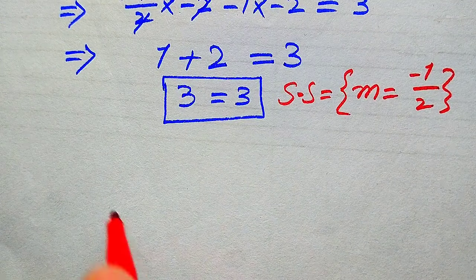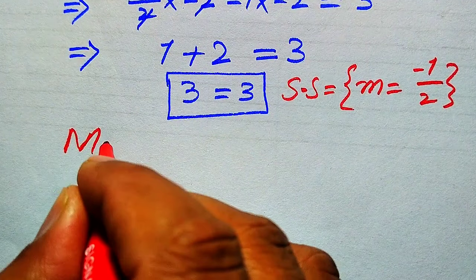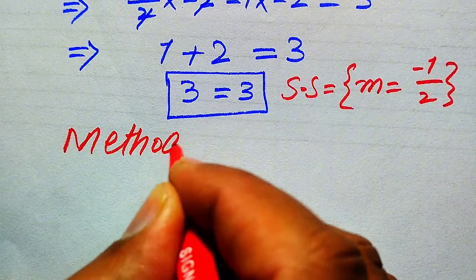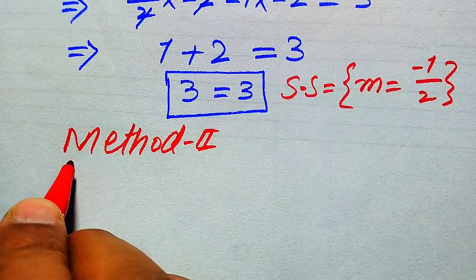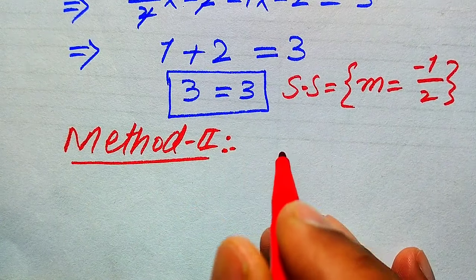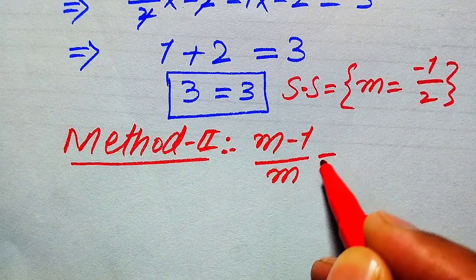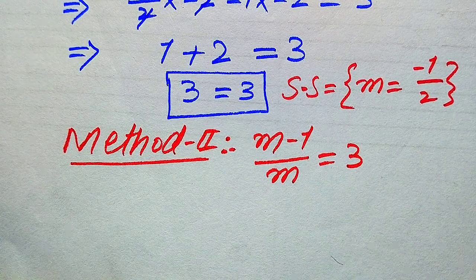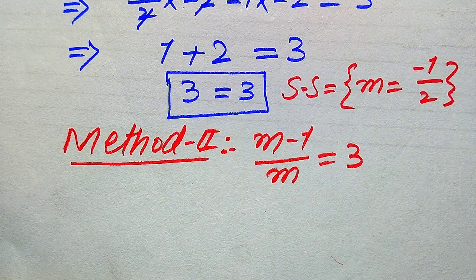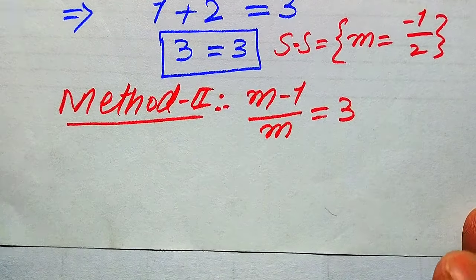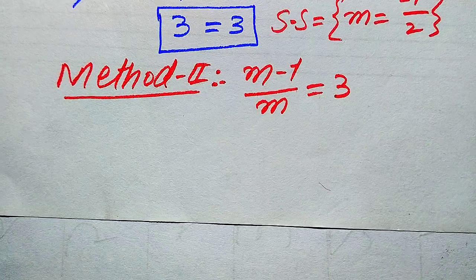And now we move towards our second method, and in the second method we need to copy down the given question statement here, so our given question statement is (m minus 1) divided by m equals 3. So here we use another quick method to find the roots of this equation.